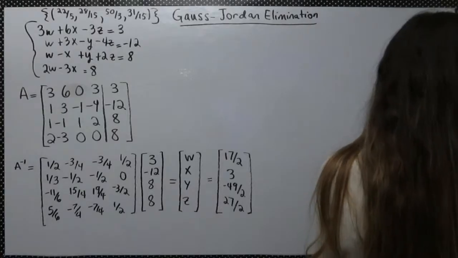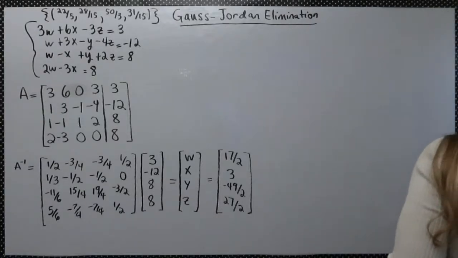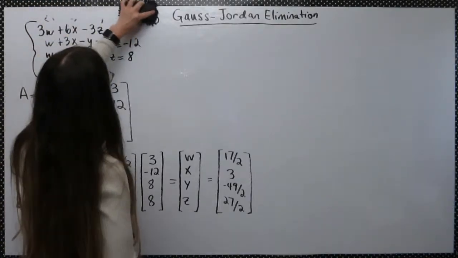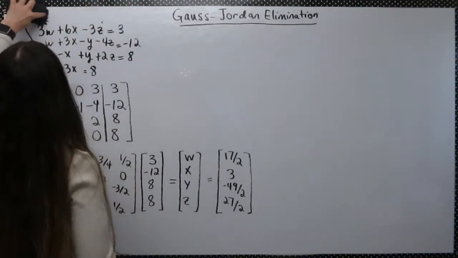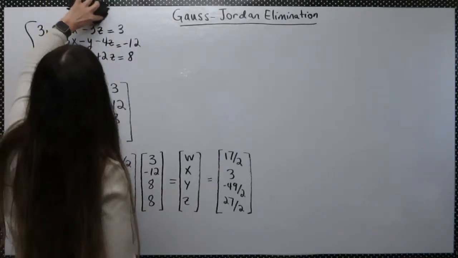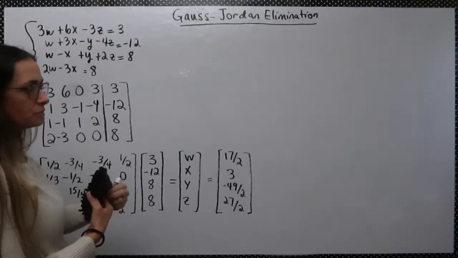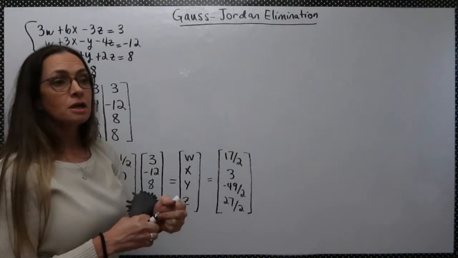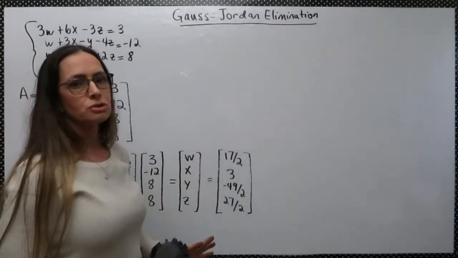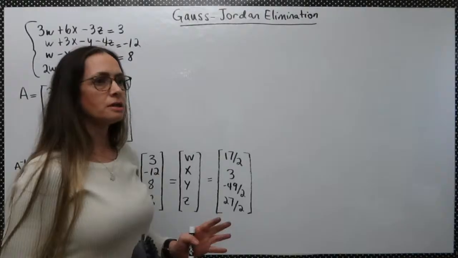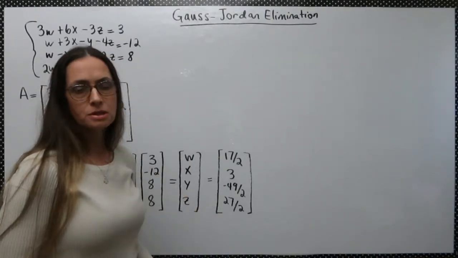All right, now that we have the actual solution to the system, what we can do is we can take each one of these equations and plug in, okay? And verify that it's the actual solution, because you have a unique solution. Unique means there's only one of you. You're one of a kind. You have a unique fingerprint.